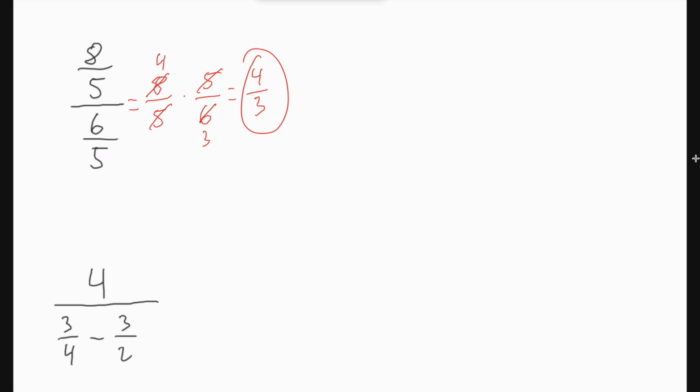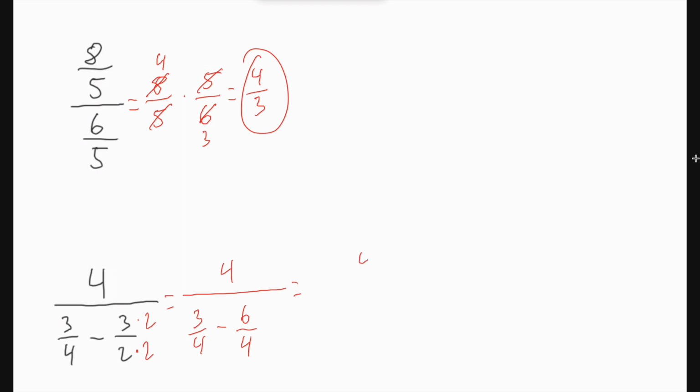So we can multiply the 2 by 2 to get 4, and what we do to the bottom we have to do to the top within just that fraction. And so now we have 4 over 3/4 minus 6/4, because 3 times 2 is 6 and 2 times 2 is 4.